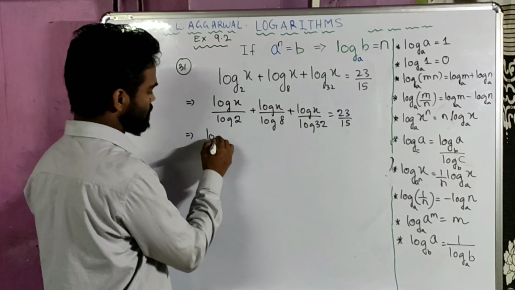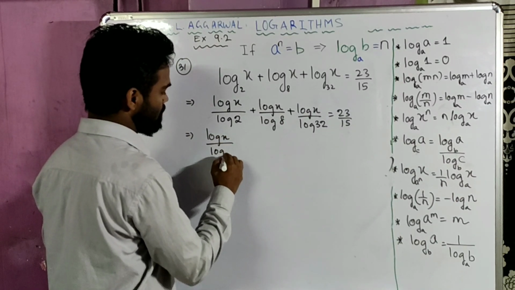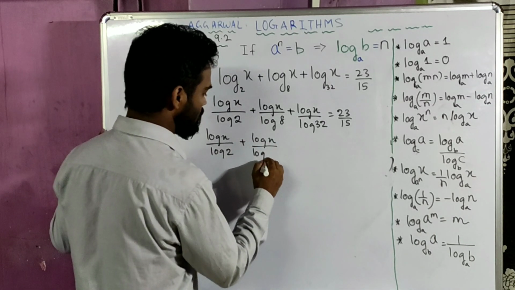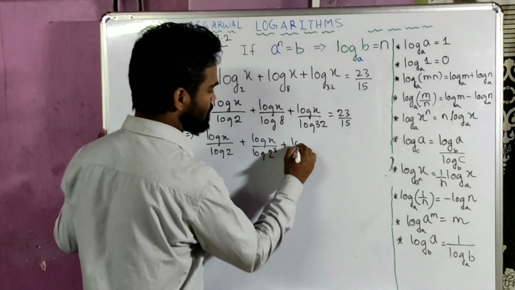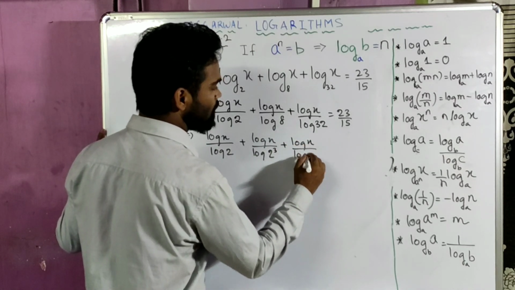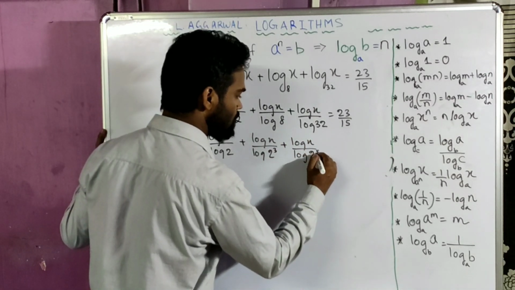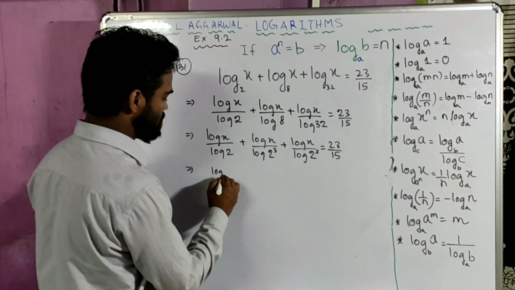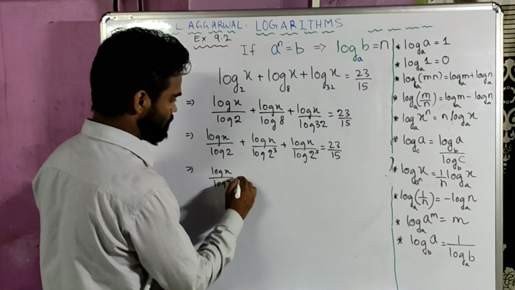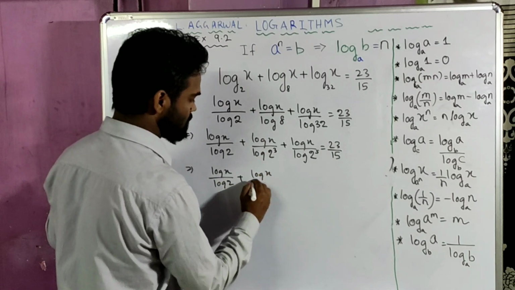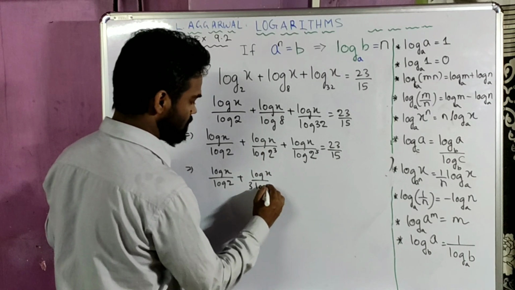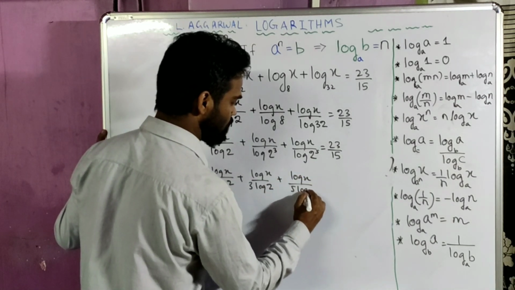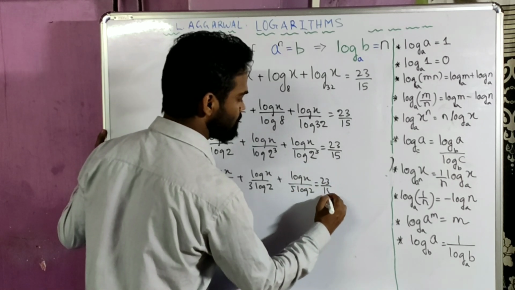Now look carefully, this I can write log x by log 2 plus log x by log 2 cubed plus log x by log 2 to the power 5 equals 23 by 15. Now if I write this as log x by log 2 plus log x, 3 comes over here, so this becomes 3 log 2. Similarly, this becomes 5 log 2 equals 23 by 15.